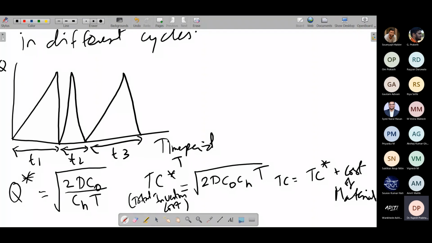So different rates of demand. I am looking for a formula problem.